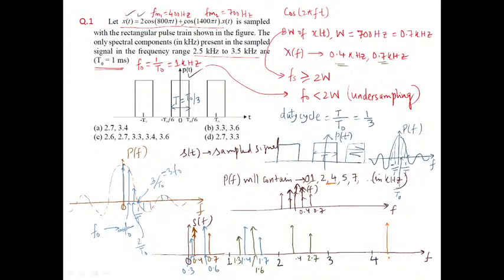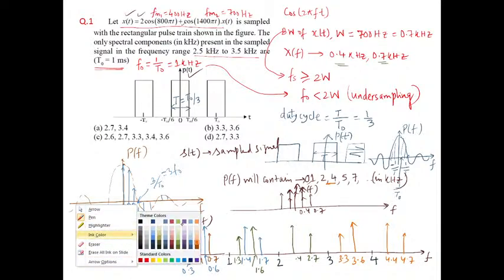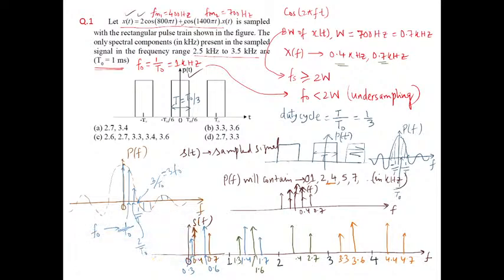Now, what will be the next frequency components? Again 4.4, 4.7, then 4 minus, so 3.6 and 3.3. So these are the frequency components present in the signal. So we have been asked to find out the frequency components which lie between 2.5 and 3.5 kilohertz.